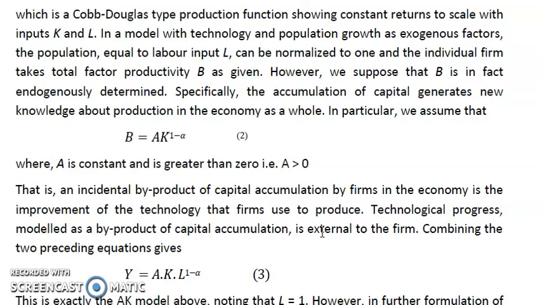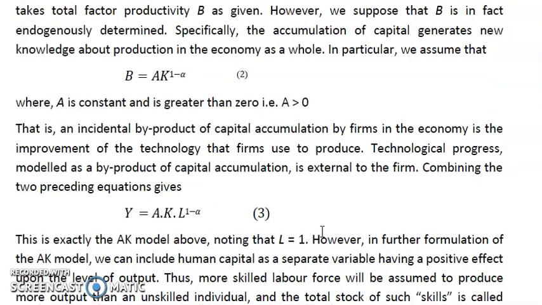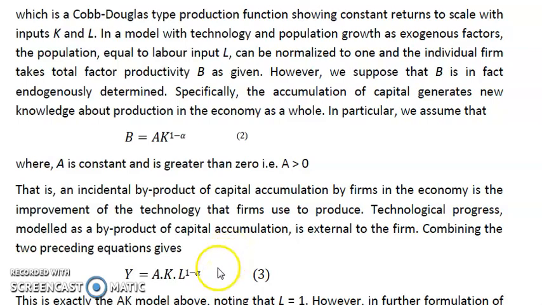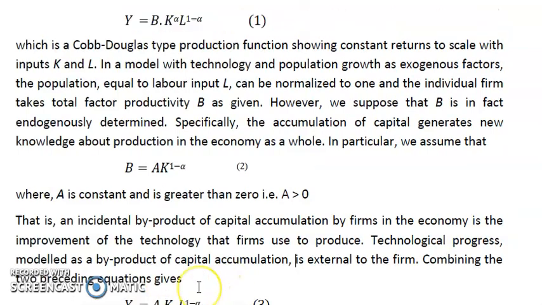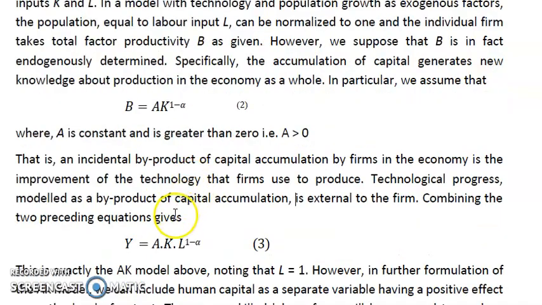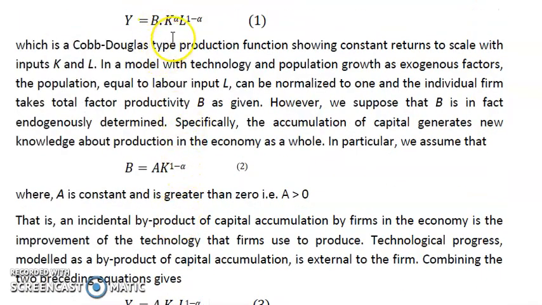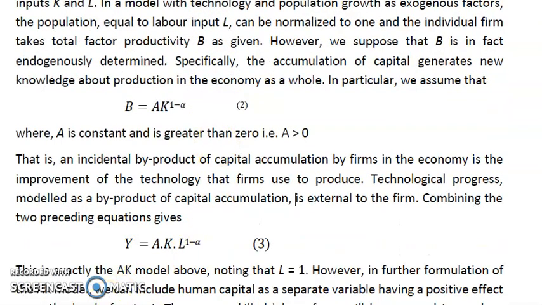Combining the two preceding equations gives Y equals A K L raised to 1 minus alpha. B is here substituted as A K raised to 1 minus alpha, so Y equals A K raised to 1 minus alpha into K raised to alpha L raised to 1 minus alpha.